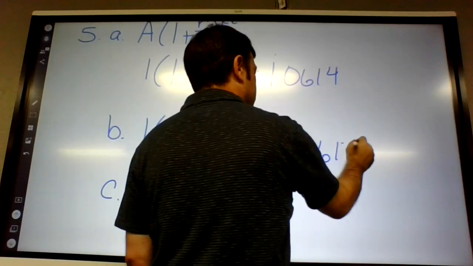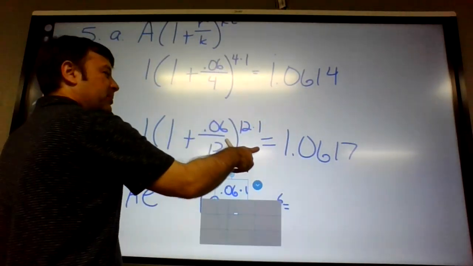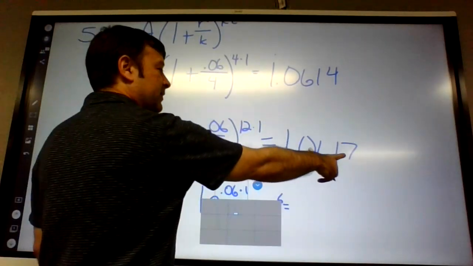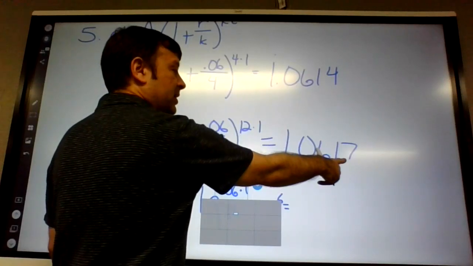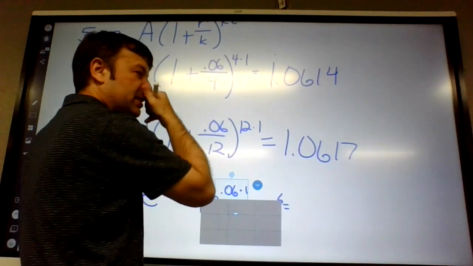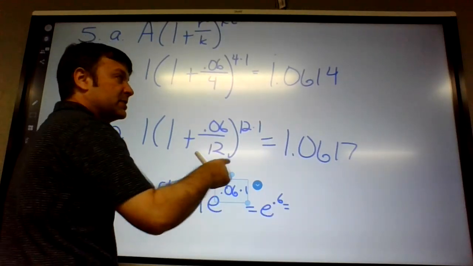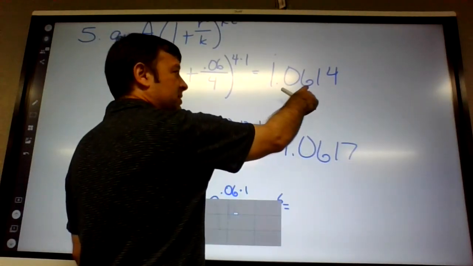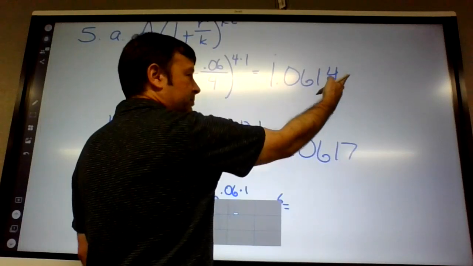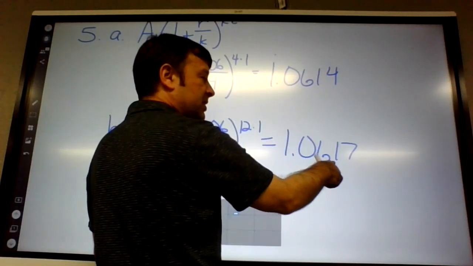1.0617. Okay, so getting paid monthly gave them 0.03 of 1 cent more money in the year. So it doesn't make a big difference. This is like $1.06 and, you know, 0.14, and this is $1.06, 0.17.